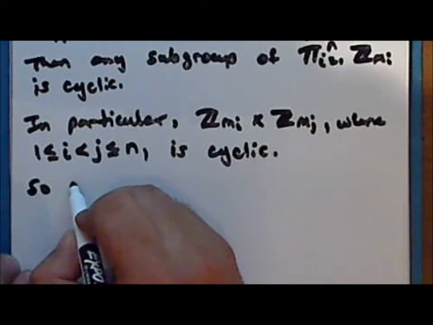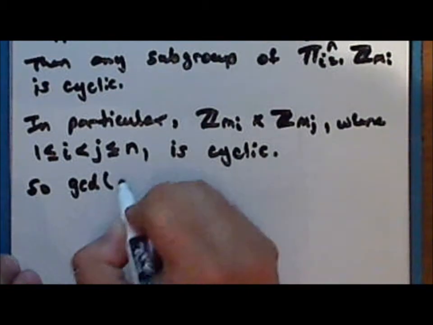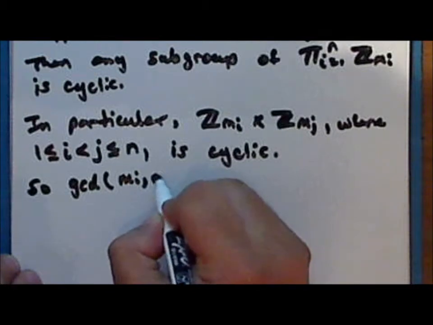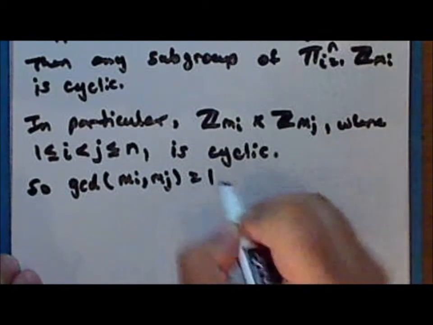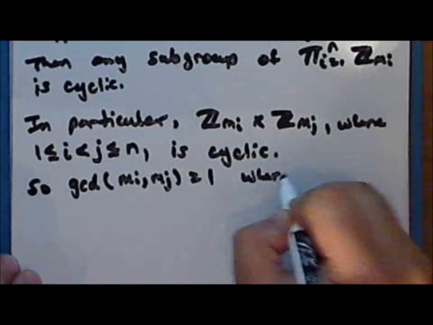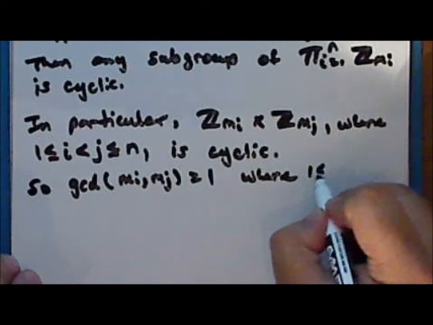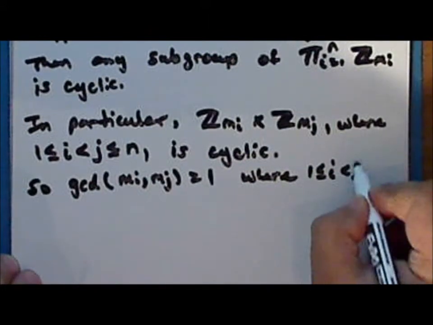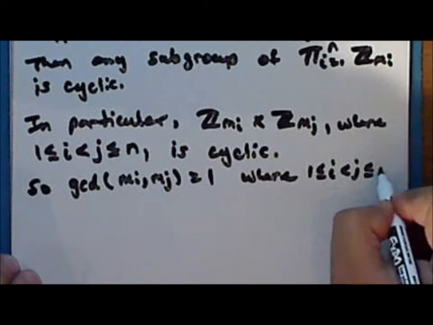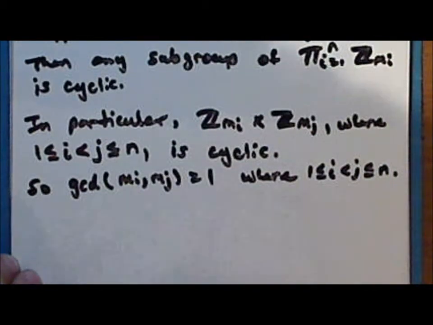And so the greatest common divisor of m sub I and m sub j is equal to 1, where once again I is less than or equal to 1, strictly less than j, which is less than or equal to n. That is, the integers are pairwise relatively prime.